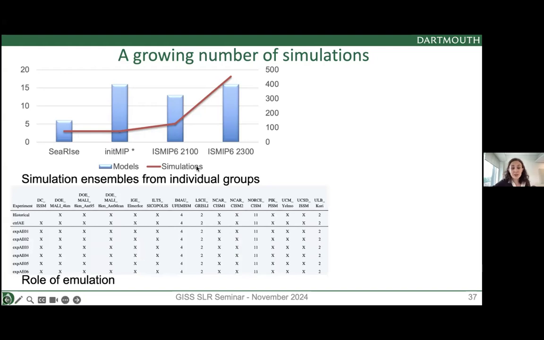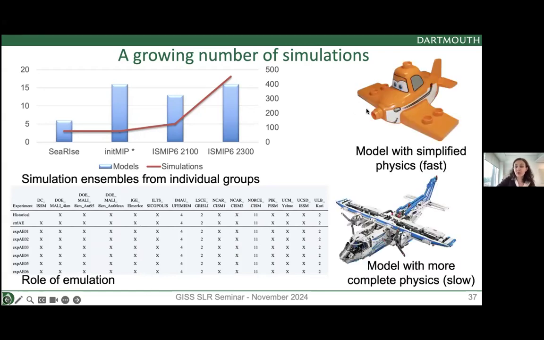Why is that? Some of these groups submitted not one set of simulations, but, for Norway for example, 11 sets of simulations with different forcing, different resolutions, and different conditions. So what do we do with that? Other models still have one set of simulations. Some models are relatively fast to compute, with simplified physics.